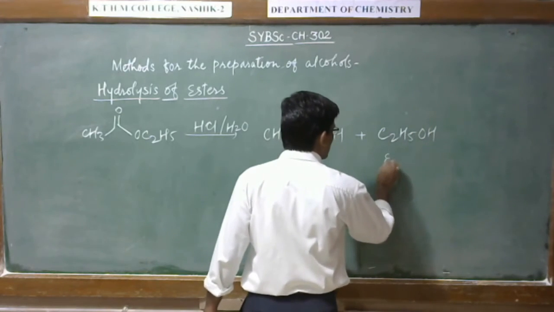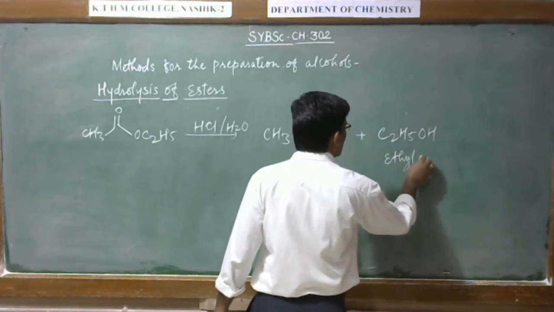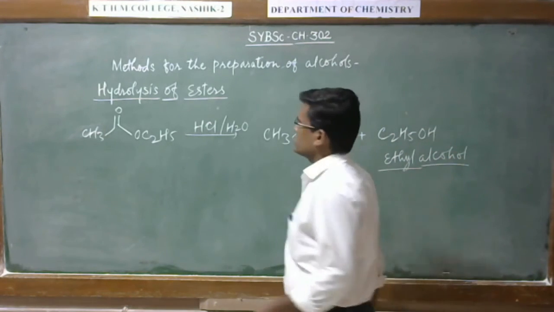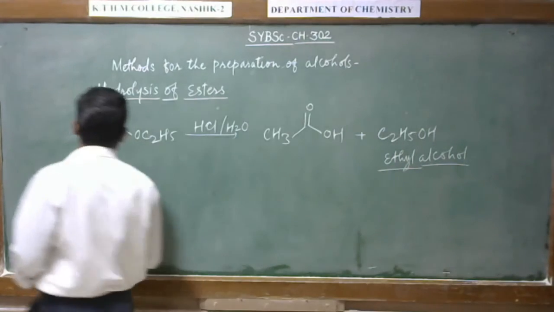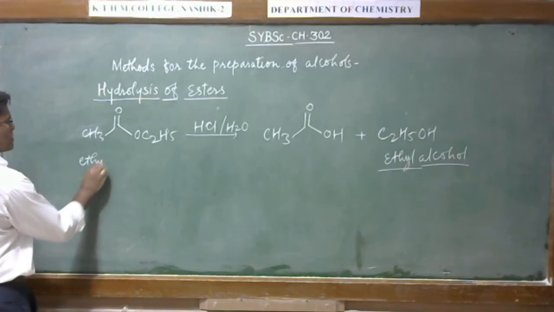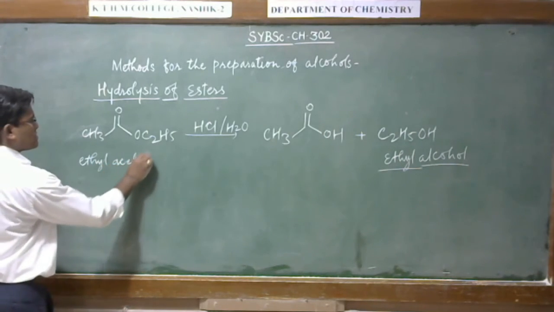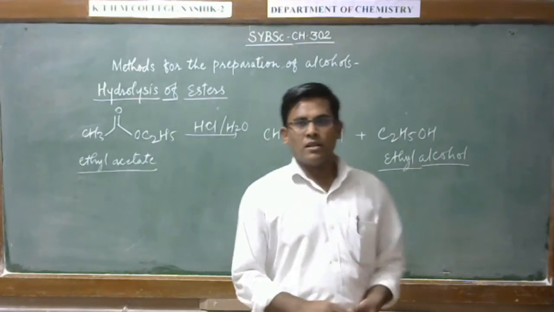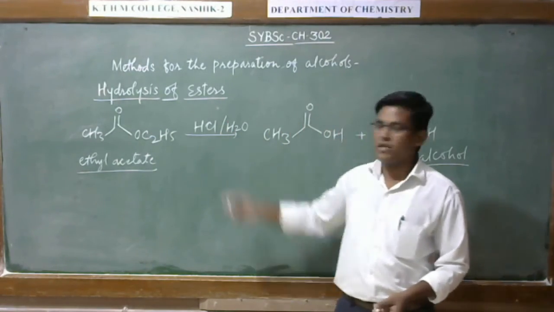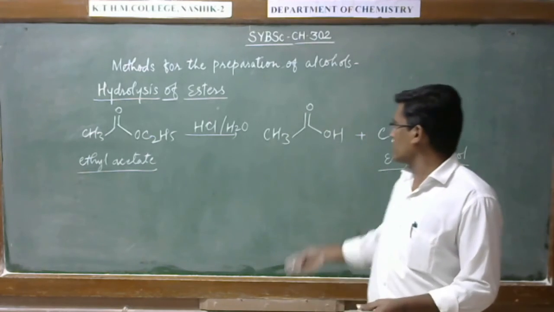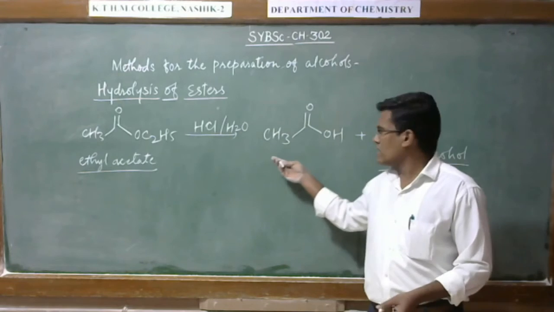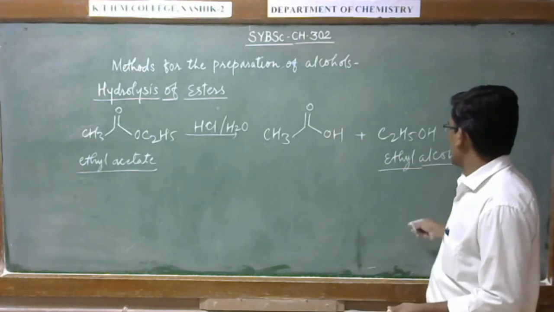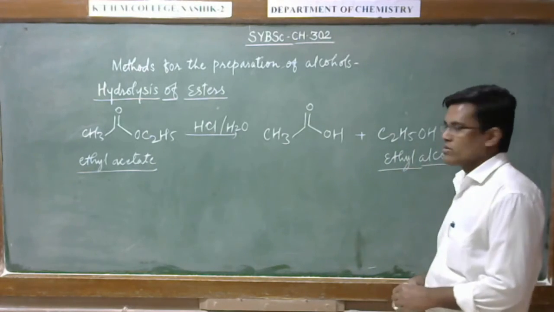Alright, ethyl alcohol. That means when you have this ethyl acetate, it will give the corresponding acid and alcohol. Okay, so here we can prepare this ethyl alcohol in this way.